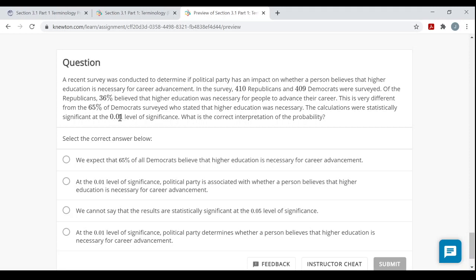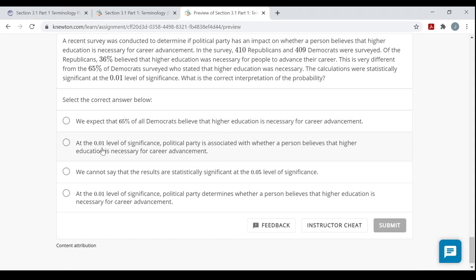And they're saying at the 1% level, so the probability of this happening is less than or equal to 1%. So the chances of this happening are unlikely, meaning the percentage of Republicans who say higher education is important is going to be different, in general, it seems from this sample, than the percentage of Democrats that feel the same way.